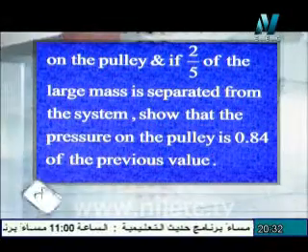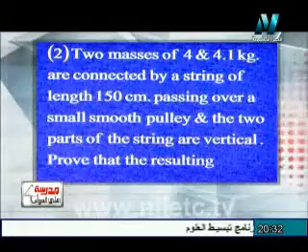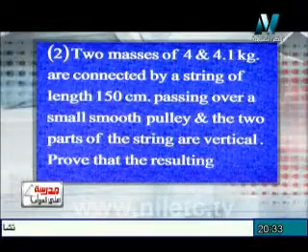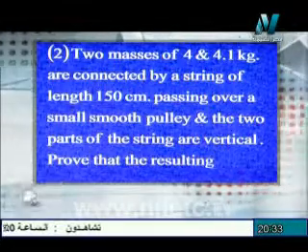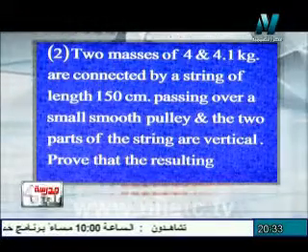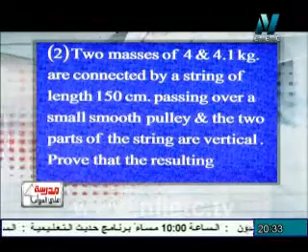Thank you, Mr. Medhat. We go directly to problem number 2. Again, we have two masses of 4 and 4.1 kilogram connected by a string of length 150 centimeter, passing over a small smooth pulley, and the two parts of the string are vertical.